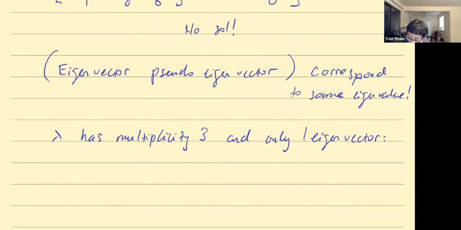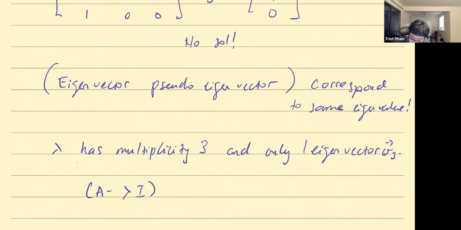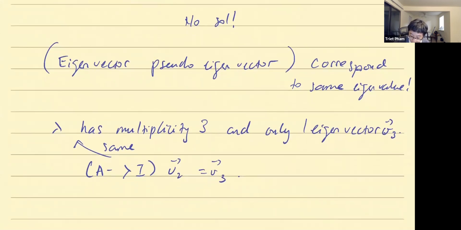So let's say V1, V3. Then V2 will solve A minus lambda I, same lambda, V2 equals V3. And then the next one will be A minus lambda I, V1 equals V2. It's corresponding to the same eigenvalue.